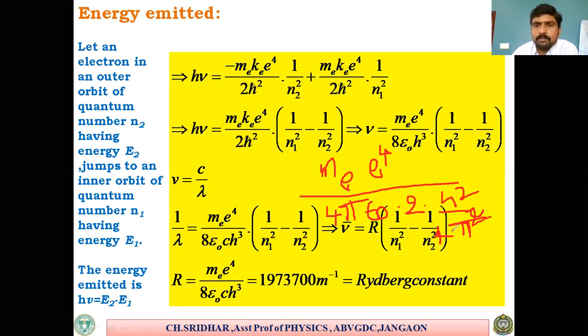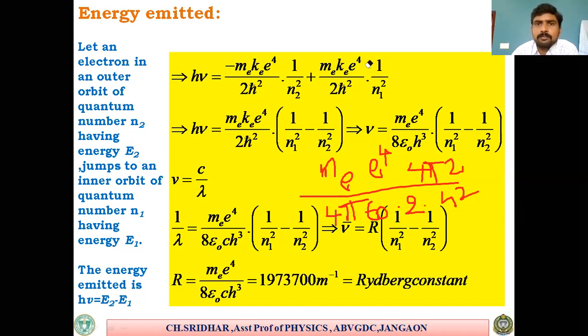So we have this 4 pi square in the numerator, and this 4 pi gets cancelled, and Me into e to the power of 4 by 2 epsilon naught into h square, and when this h comes this side, this becomes h cube.